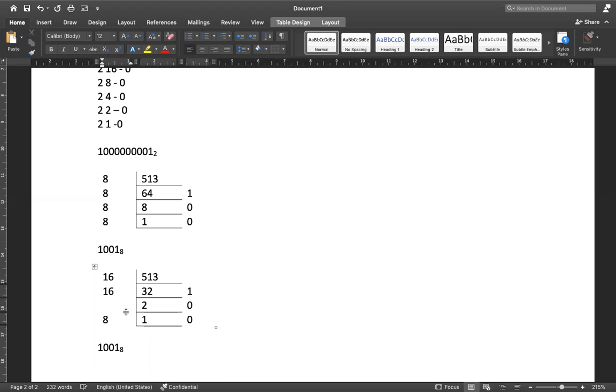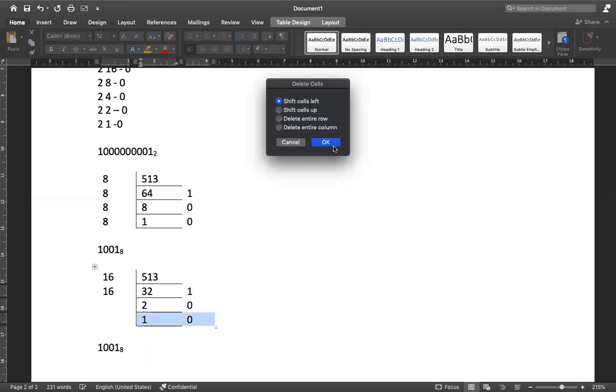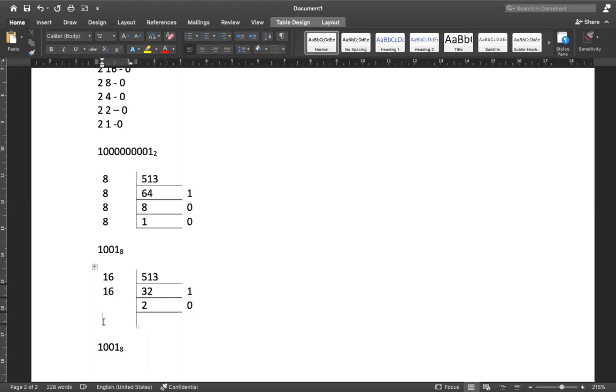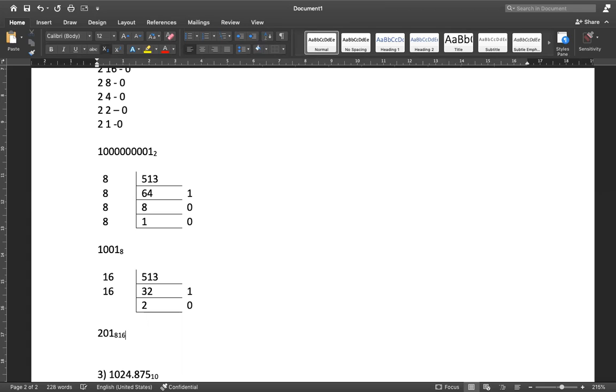No need to divide again because all the digits are converted. So the answer will be 201 in hexa. Right? Correct?